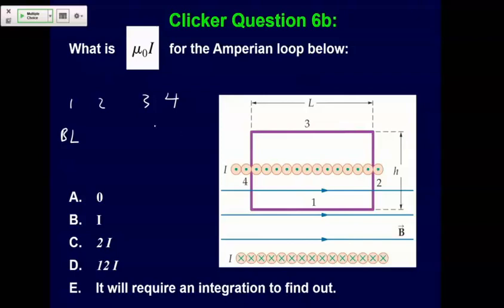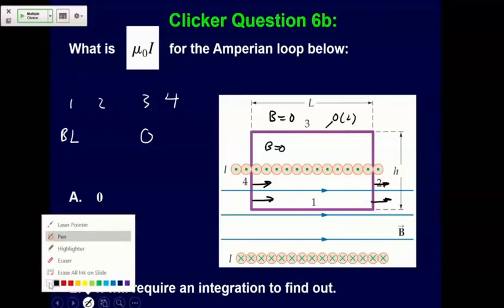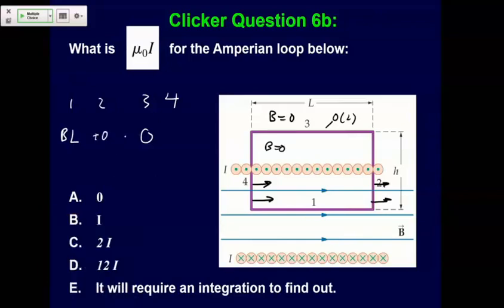Side 3 is easy, or well, I shouldn't say easy, but we can say the B field out here is 0, so you can think of it as 0 times L. And because the magnetic field here is perpendicular to segments 2 and 4, and over here it's just 0, there's no contribution from those two either. So you get a bunch of zeros added up with B times L for that piece prior.